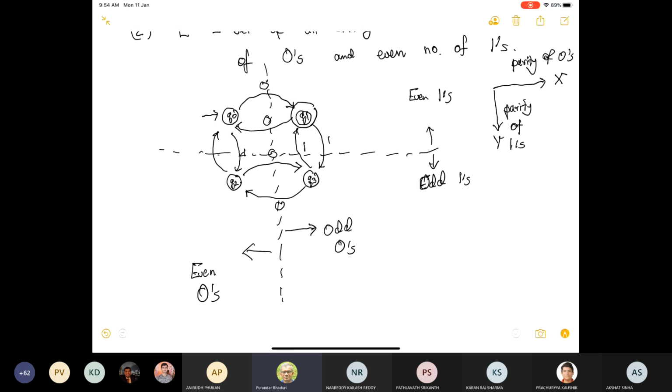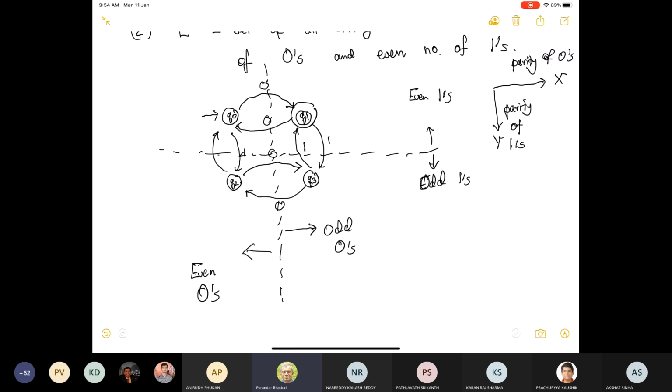And therefore, the only state which registers an odd number of zeros and an even number of ones lies to the right of the vertical line and top of the horizontal line. And therefore, there is only one such state, which is Q1.